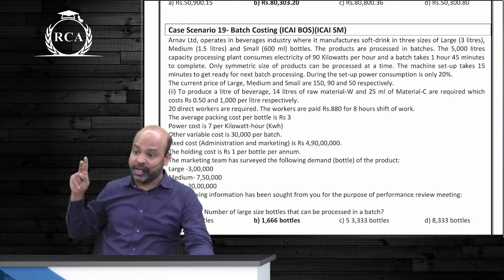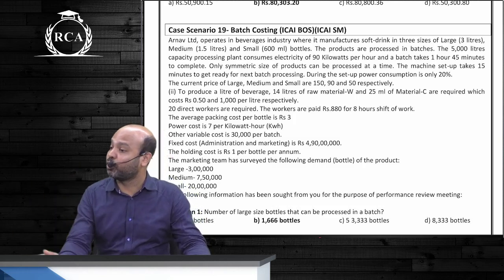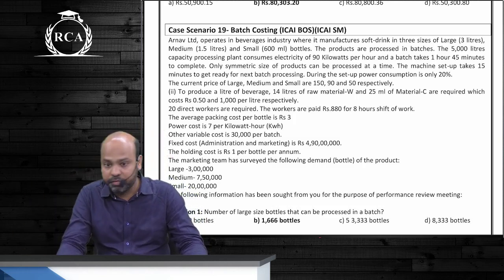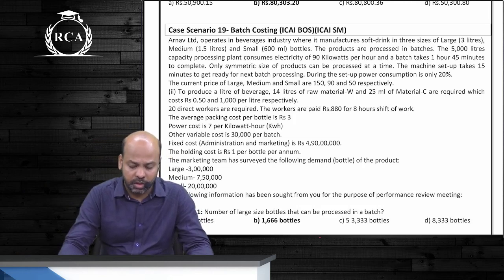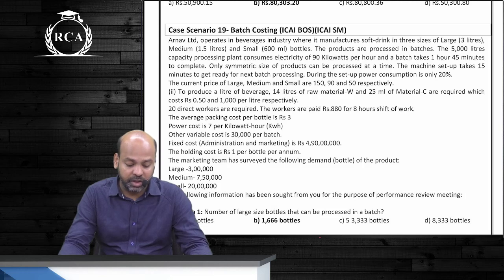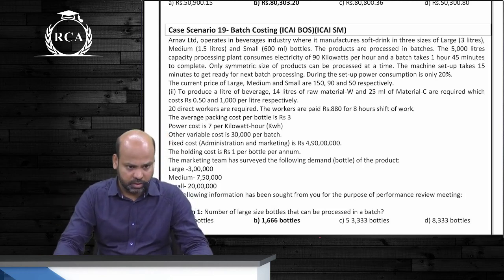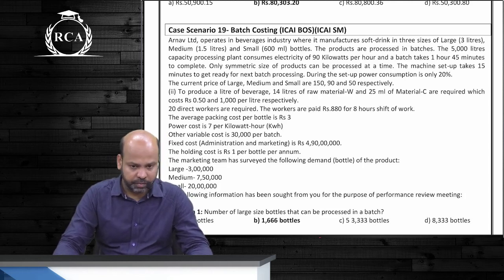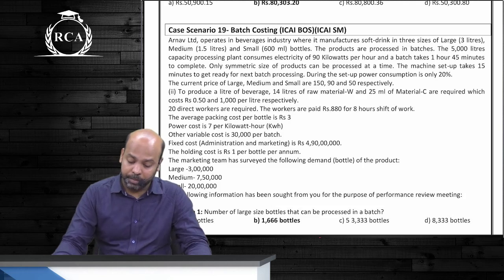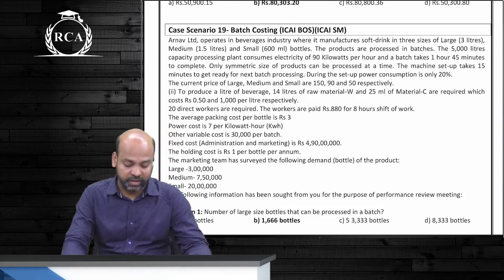5,000 liters divided by 3 liters will become the number of bottles of large. नहीं बेटा, when they say 5,000 liter capacity processing plant, it is in one particular batch per run, per production run. So guys, a batch takes 1 hour 45 minutes, only symmetric size of products.